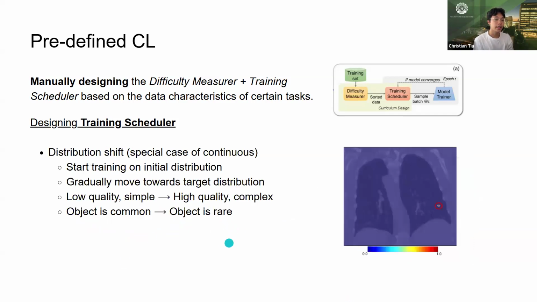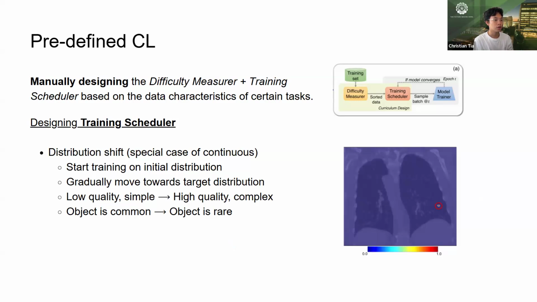There's also a special case where you aim to shift the distribution. You start training on an initial distribution, and you slowly move towards a target distribution. This is like the denoising I mentioned a while ago. In this case, a paper was about lung nodule detection.